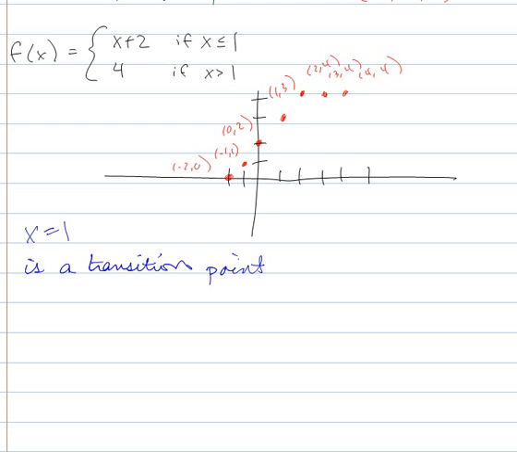All right, so what that means is before this, this is my x equals 1 right here, anything before that we can be really confident in. Because this was x is less than or equal to 1.